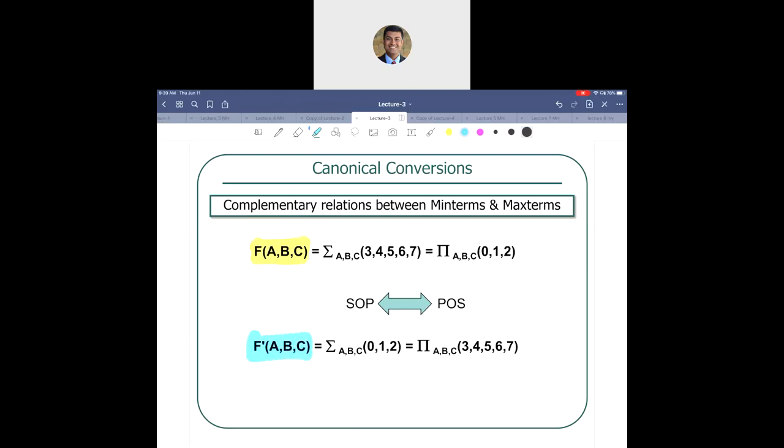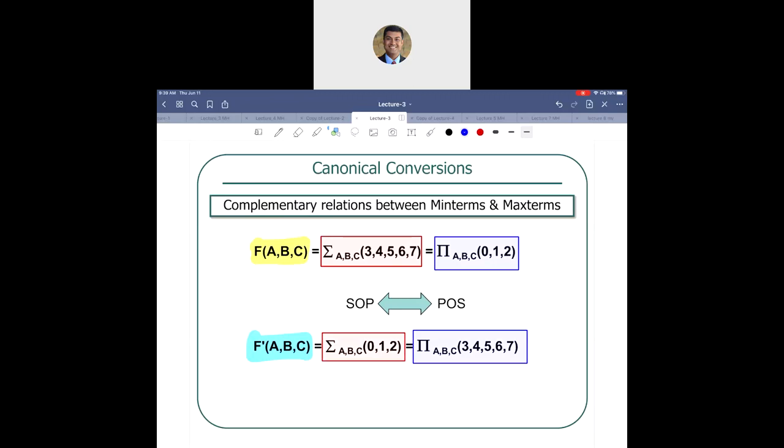The order of the inputs is listed as A, B, C. So A is the leftmost, C is the rightmost. And their sum of product expressions, I'm going to highlight in, say, red boxes. Shorthand, shorthand. Their corresponding max terms or canonical products of sum expression in shorthand is listed over there as well.